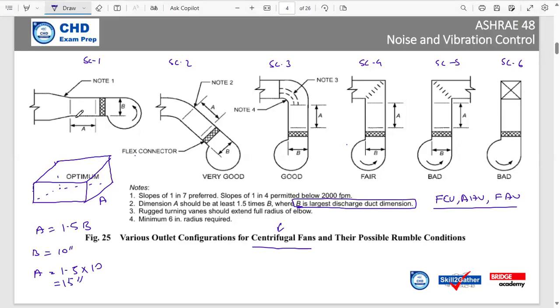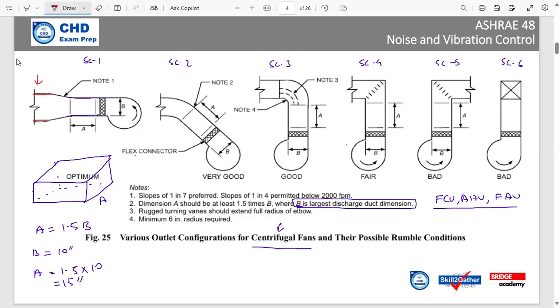Okay, after this straight length, you keep the same size as the opening of the centrifugal fan. After this, we are going to have a connection with the main duct. The main duct is sized as per your volumetric calculation requirement here.